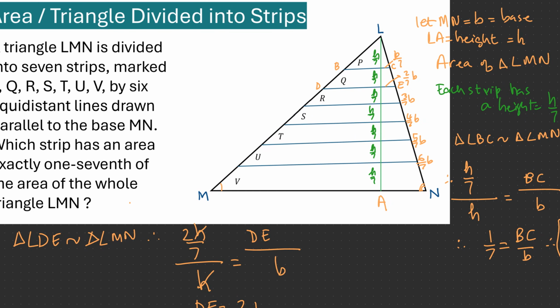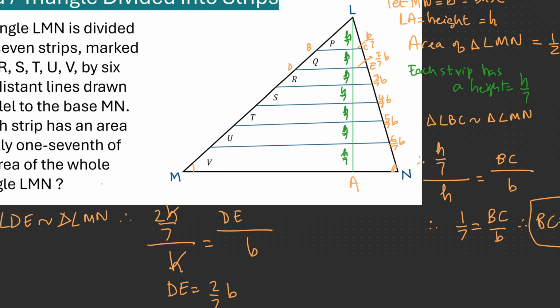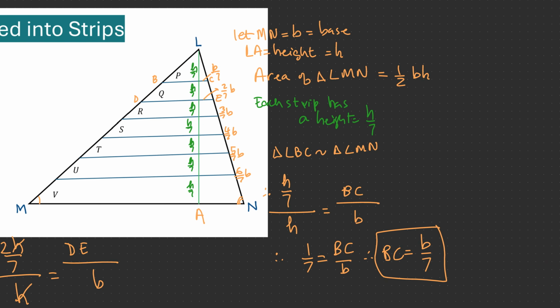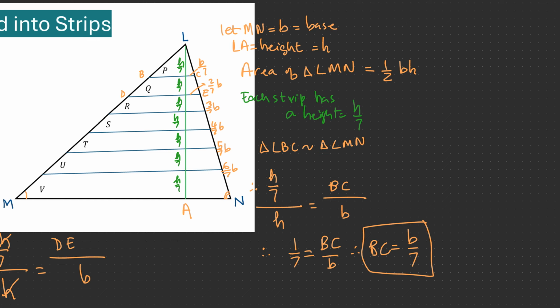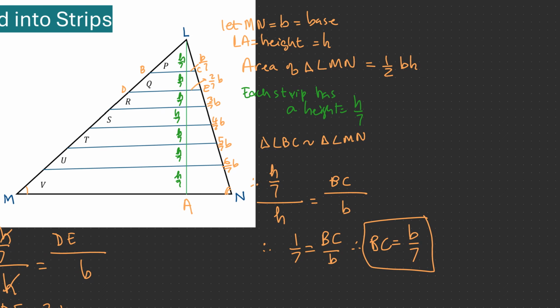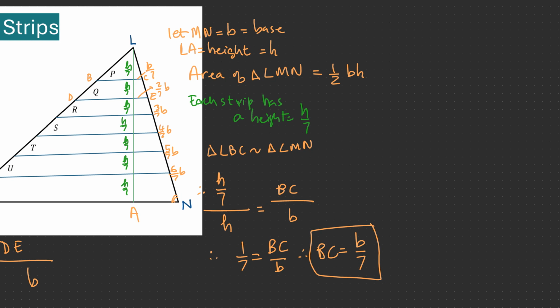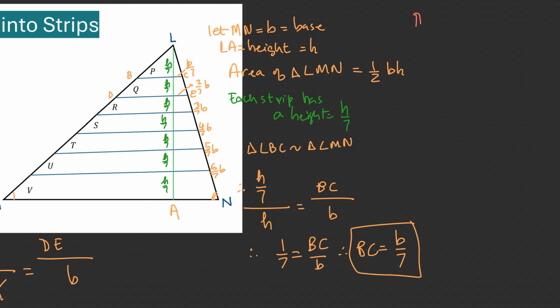So the area of LBC, so where do I write? Well, maybe I can use this part here, so change the pen color. So area of LBC, that's a triangle. That's a top triangle, it's not very clear.